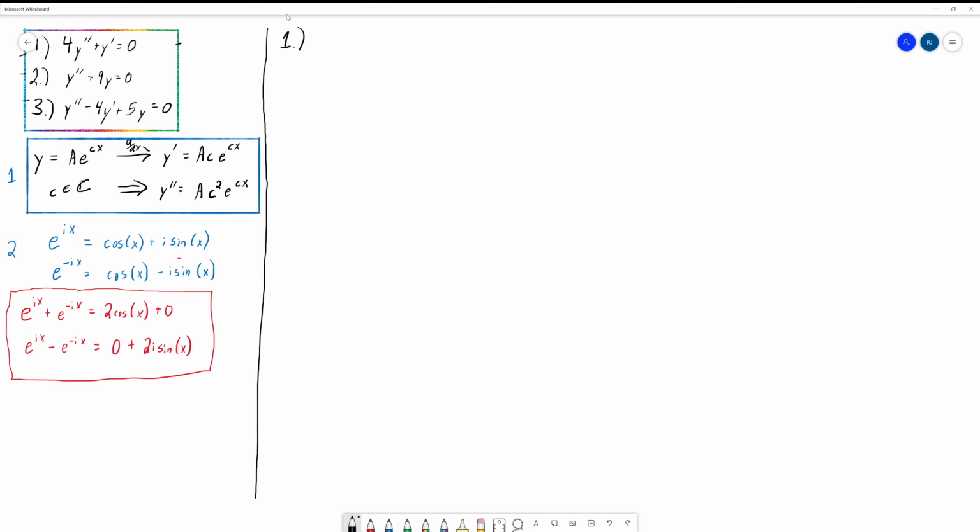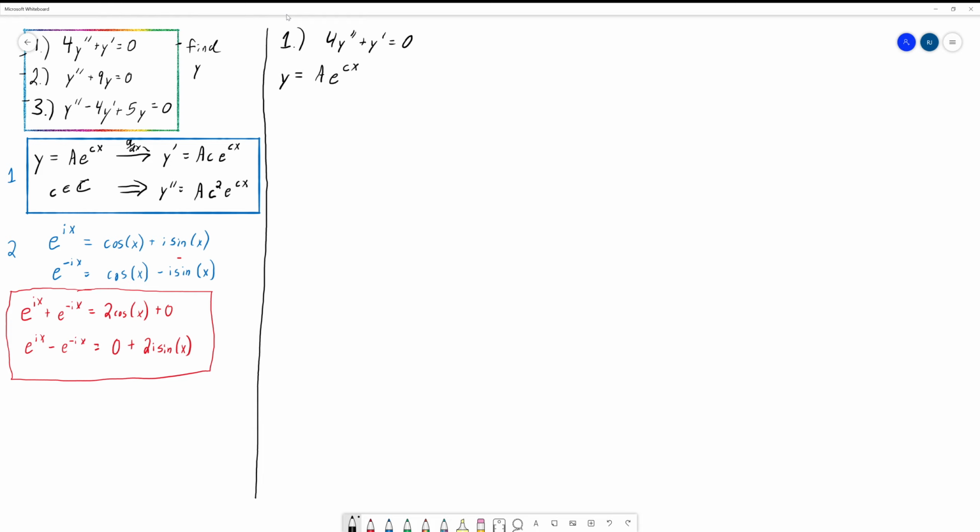And the way that you solve differential equations is you just guess at what the solution is, and you basically plug it in and see if it works. So for equation 1, we have 4y double prime plus y prime equals 0. What you do is you guess based off of your experience, which you'll get by solving dozens and dozens of these problems, is say, okay, y is probably going to be something like some number times e to the power of cx.